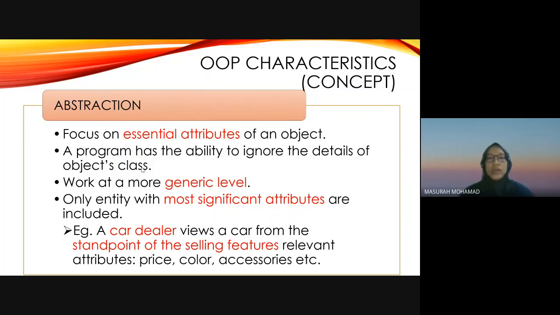You just only consider the essential attributes of an object. So abstraction works at a more generic level. Only entities with the most significant attributes are included.